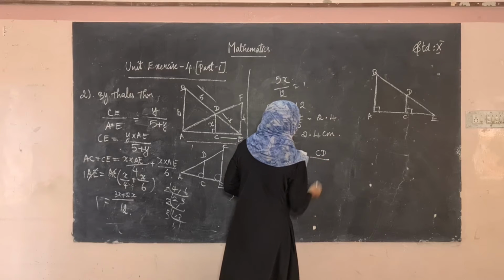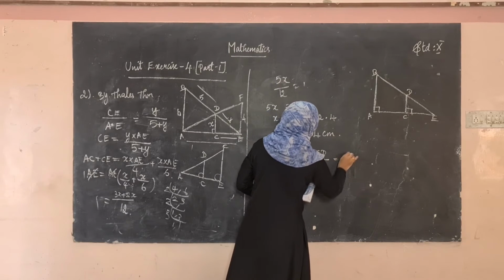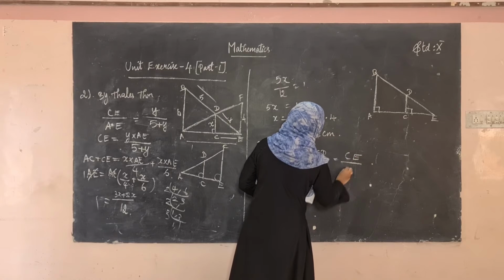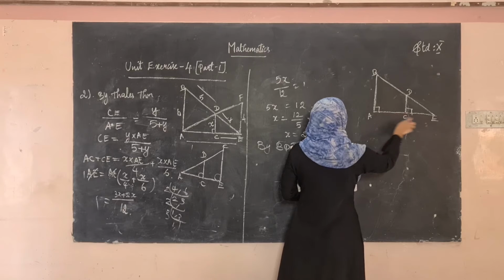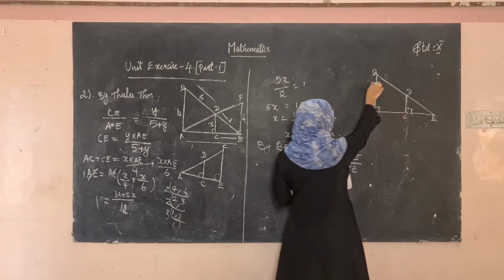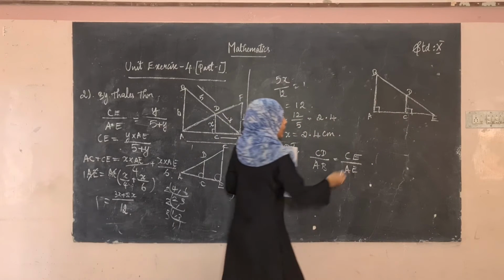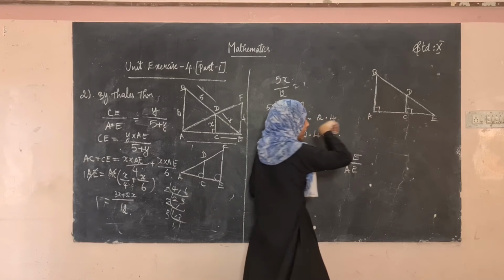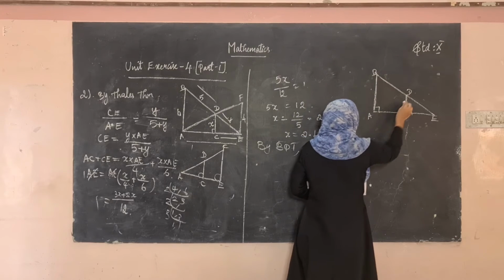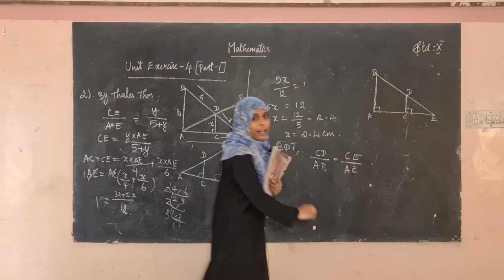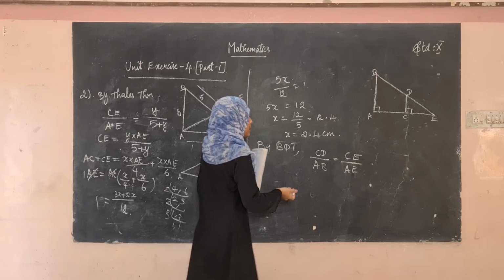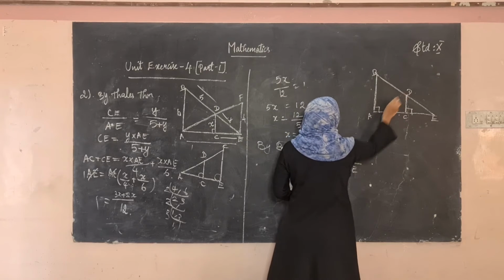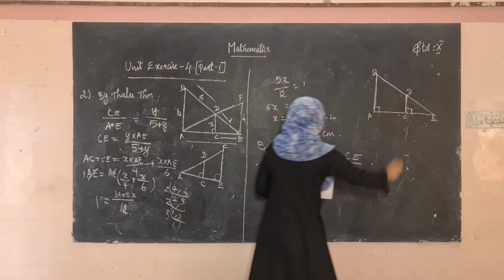Why we are using it is because these two lines are parallel. If two lines are parallel, you can use the basic proportionality theorem. So by basic proportionality theorem, CD divided by AB is equal to CE divided by AE.